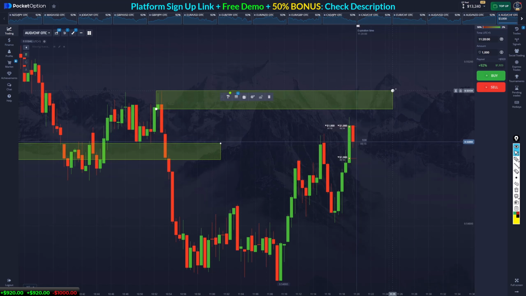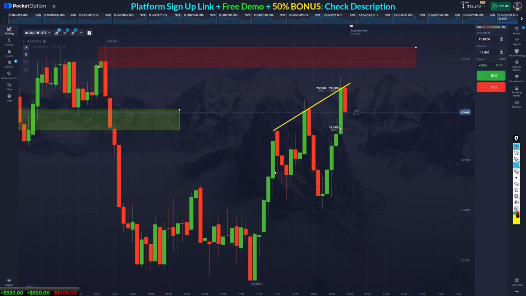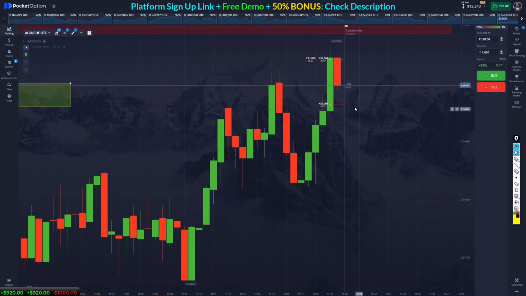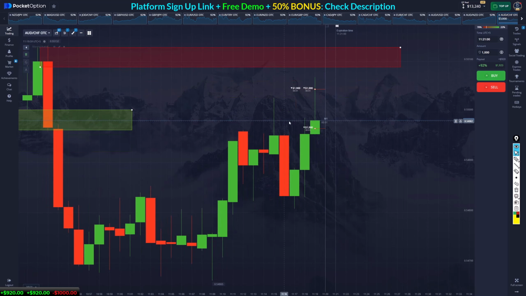Totally fine. So this is the supply that I had to wait for, but now this one right here is holding the price for me, and yes, it's going to close down here, and two of the trades will be winning trades. There we go.